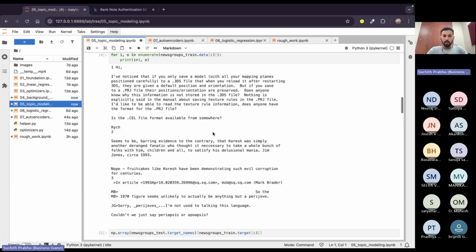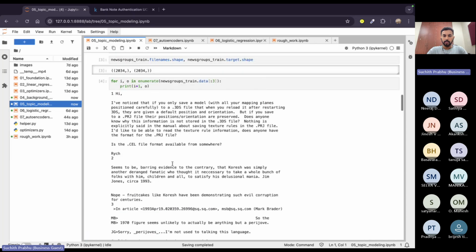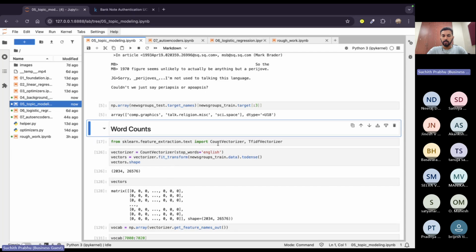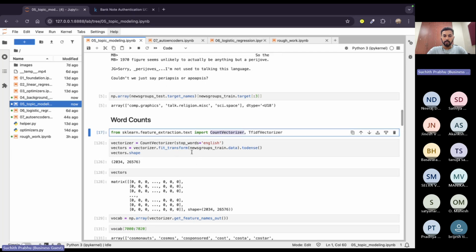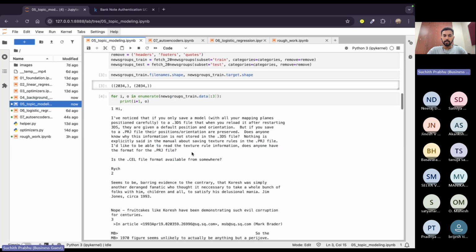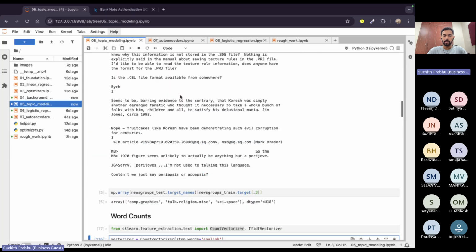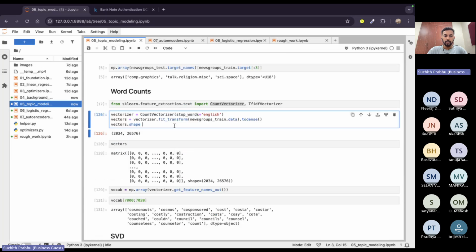We want to tokenize all this and then form this document matrix. There is a function in sklearn called CountVectorizer that gives us this matrix. We just have to give a list of documents like this, and it will form a matrix and give it to us.